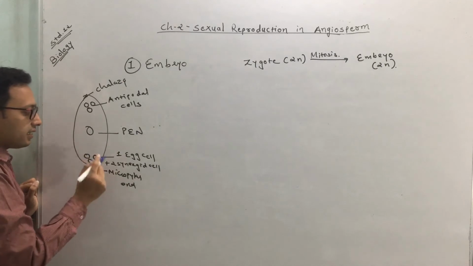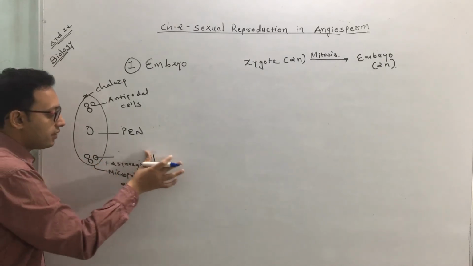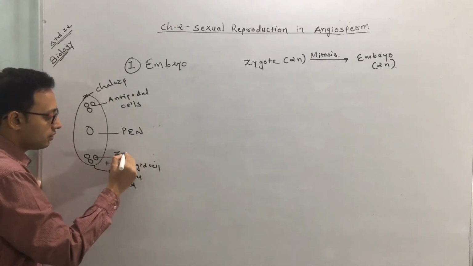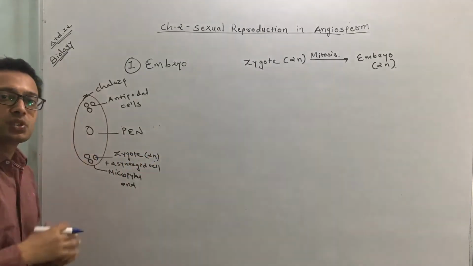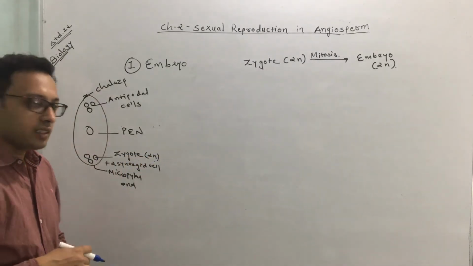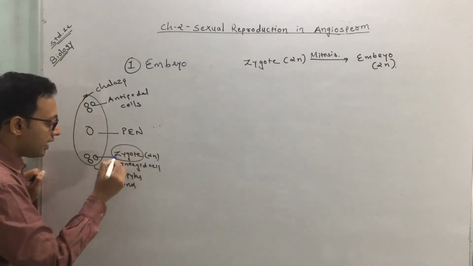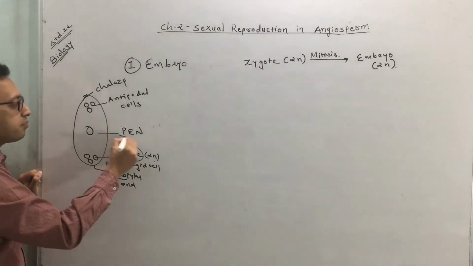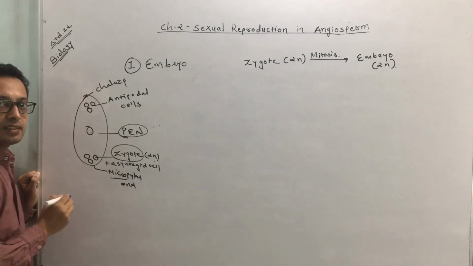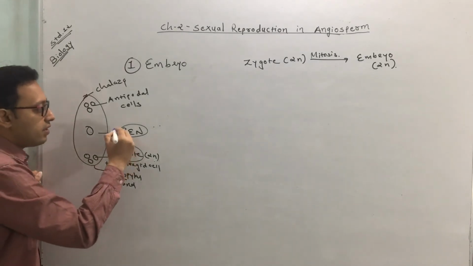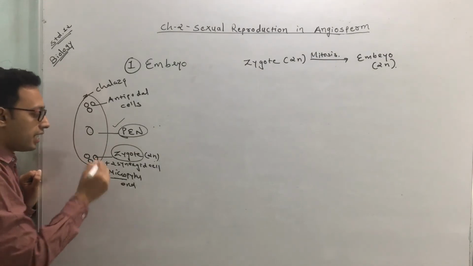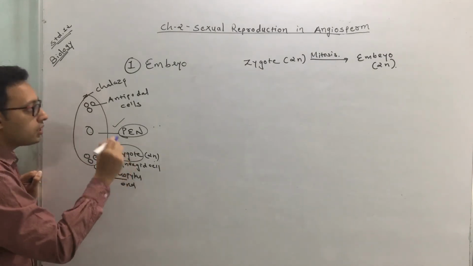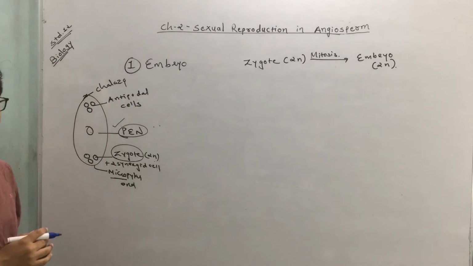The one egg cell converts to a zygote when it fuses with a male gamete. Clear? So now we have the zygote at the micropylar end and the PEN in the center. The development of endosperm starts from the PEN, the primary endosperm nucleus, and now we have to see how embryo formation starts from the zygote.